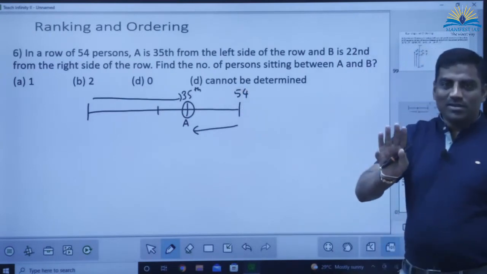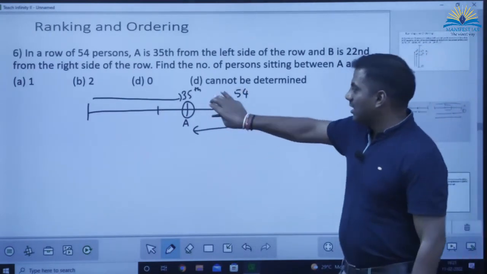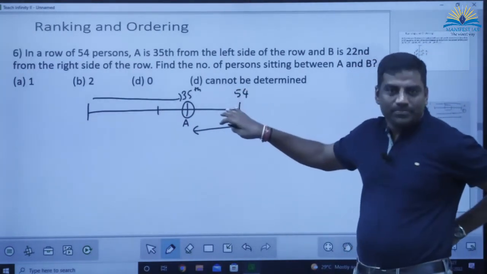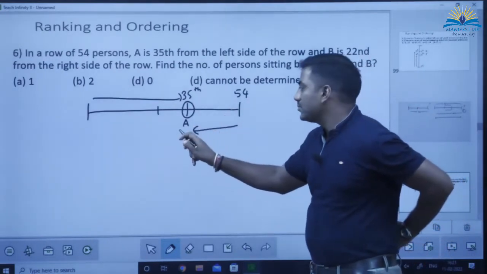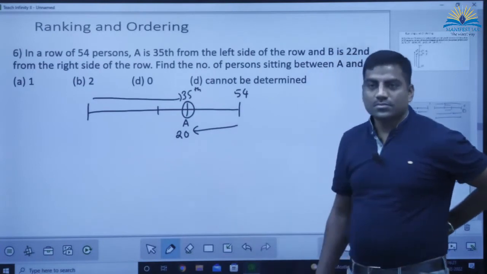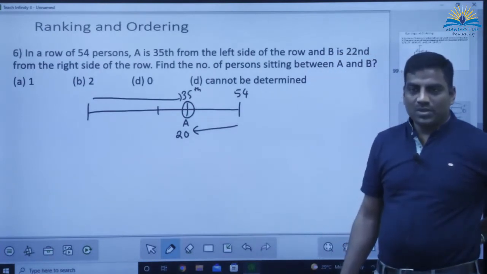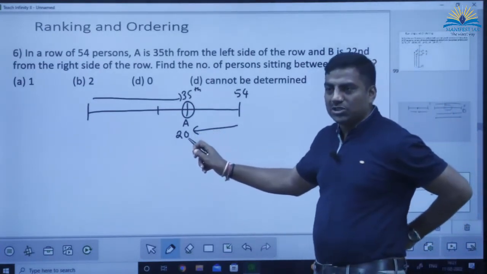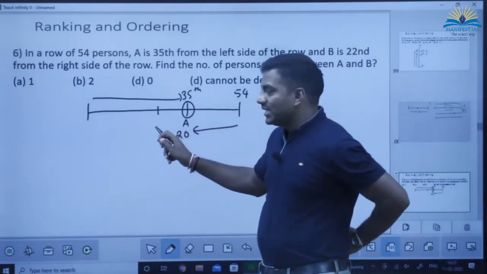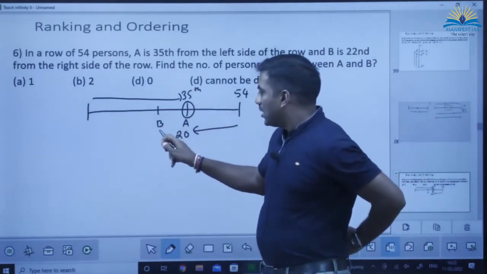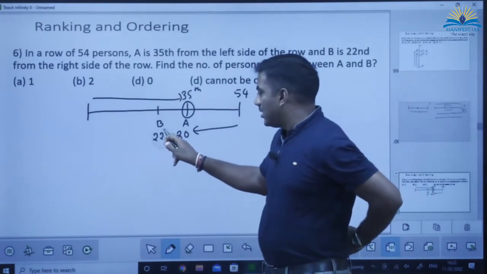So, 35 here, after this 19 places are left. So, this person can be 20th. So, if this is the 20th position from the right, where should I make B sit? At the 22nd position from the right.